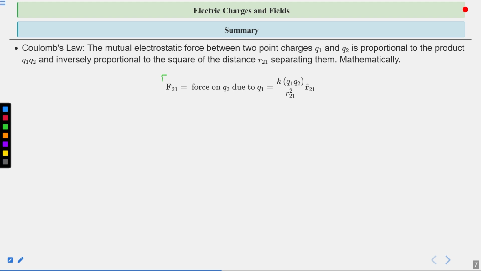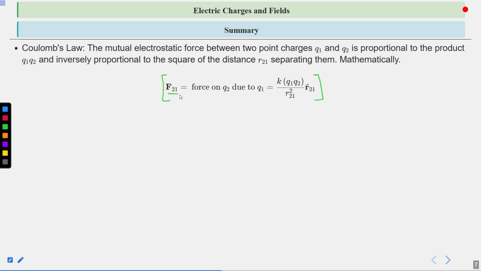Mathematically, or in vector form, F21 means the force on charge second due to first, equal to k Q1 Q2 divided by r21 square times r cap 21, which denotes the direction of the force.